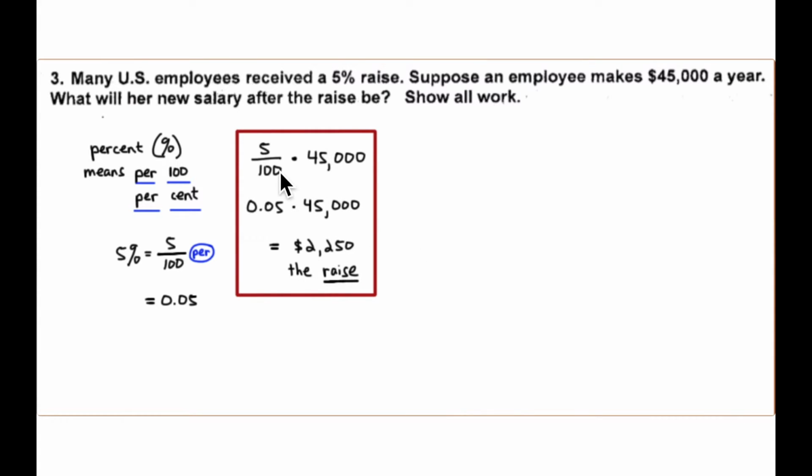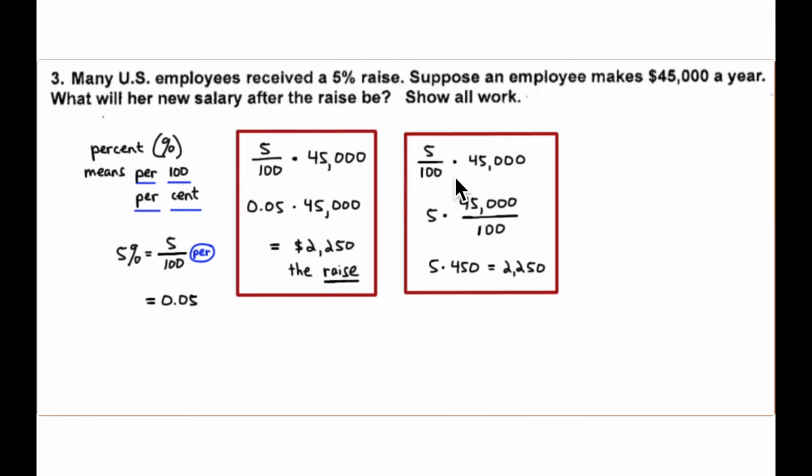You can continue to use this as a fraction. So 5/100 of 45,000, but you realize I can divide that 45,000 by 100, and that's 450. And this one you can either plug in a calculator, or maybe you can see that calculation mentally. 5 times 450 is $2,250.